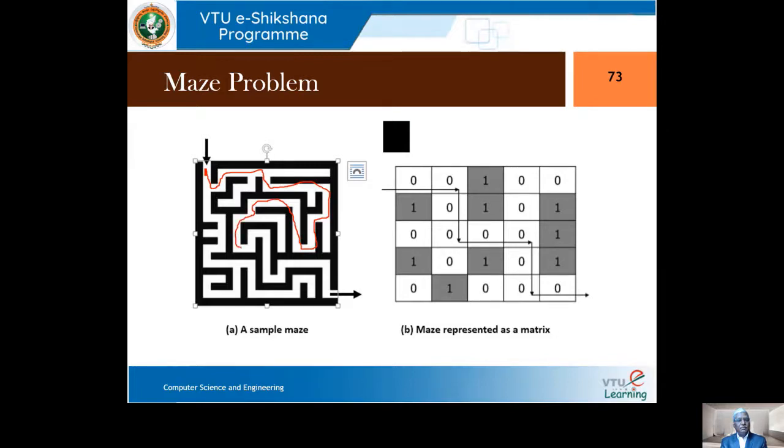I'm just showing some random path here. Something like this. If it's intelligent, probably it can come out.